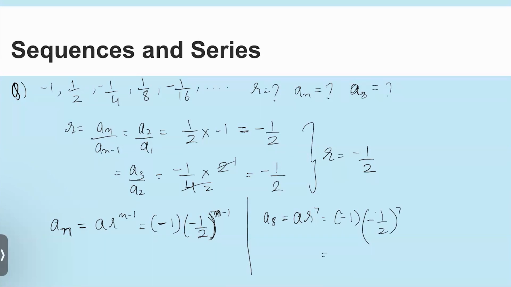As you know, the power over here is an odd number, so the negative sign will remain for the r. So minus 1 by 2 raised to 7. We'll just write it as 2 raised to 7, which is going to give you 128. Now negative times negative becomes positive, so your answer is 1 upon 128.